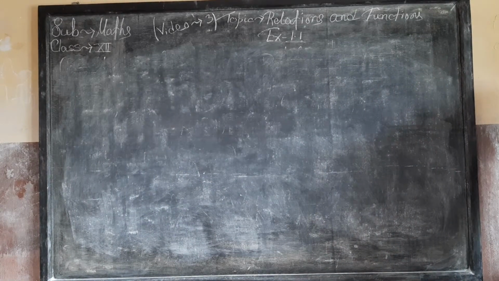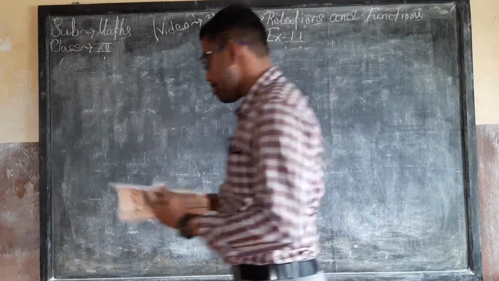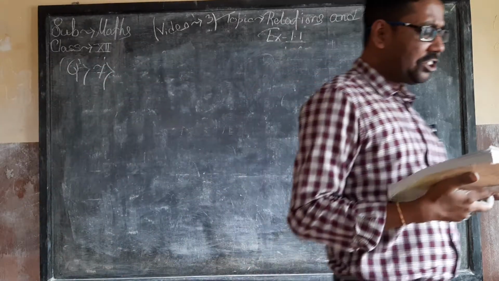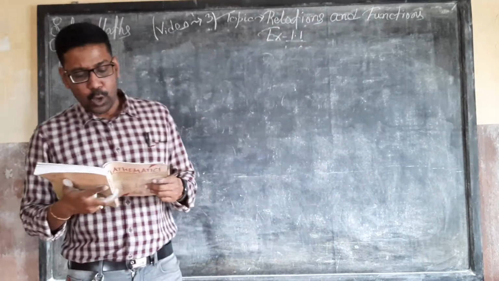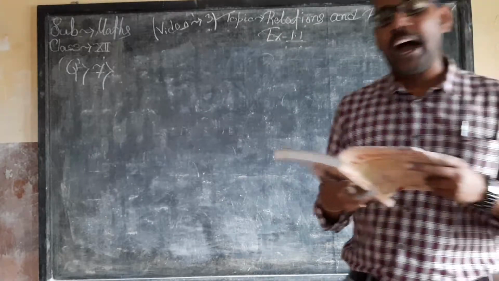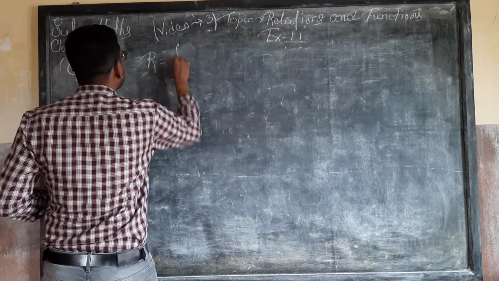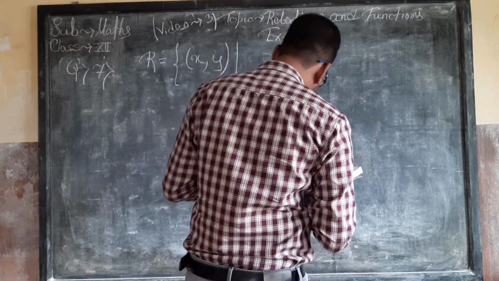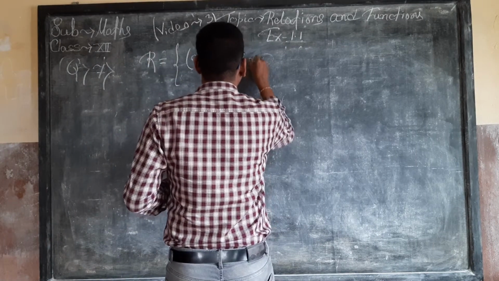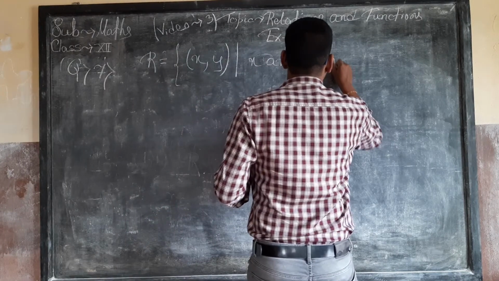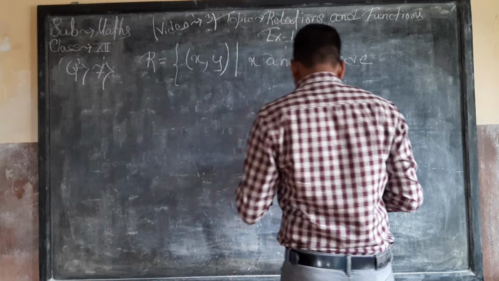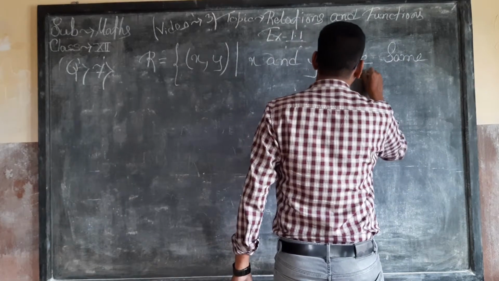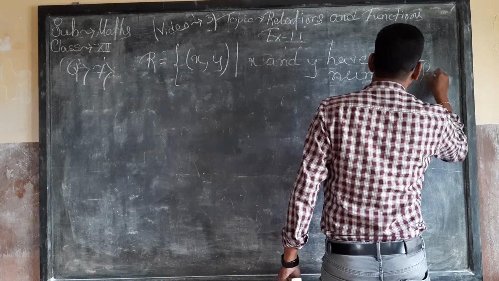Next, question number 7. Show that the relation R in the set A of all the books in the library of a college, given by R equals the set of ordered pairs (x, y) such that x and y have the same number of pages, is an equivalence relation.